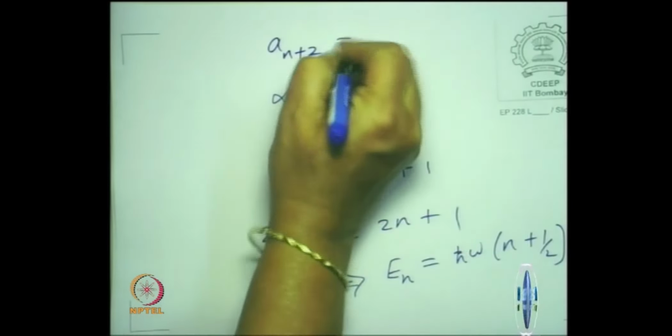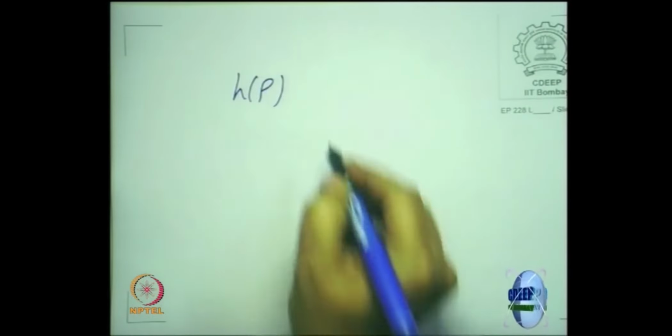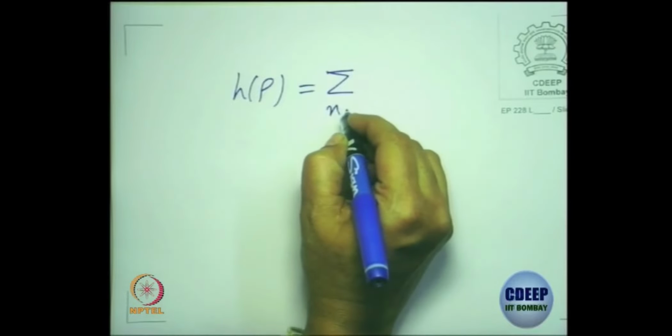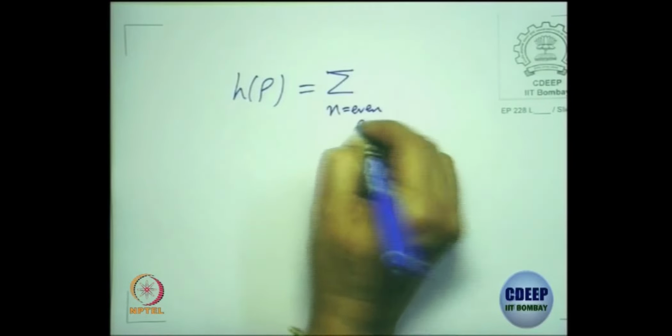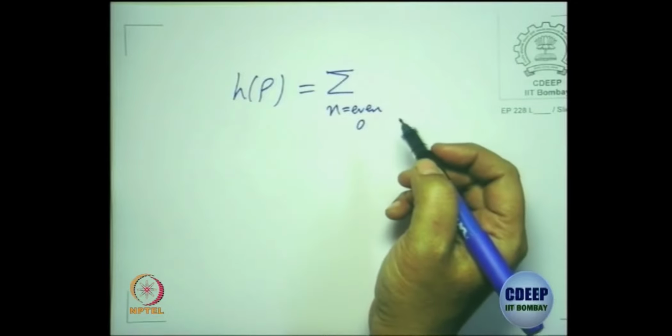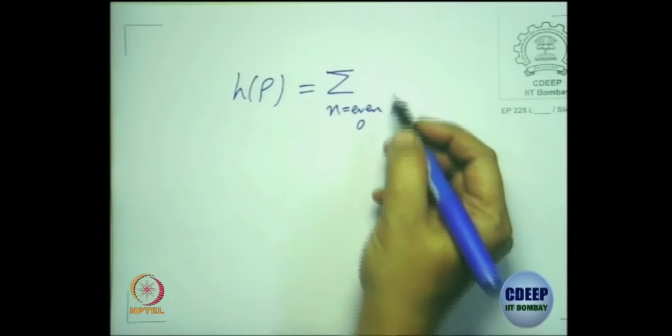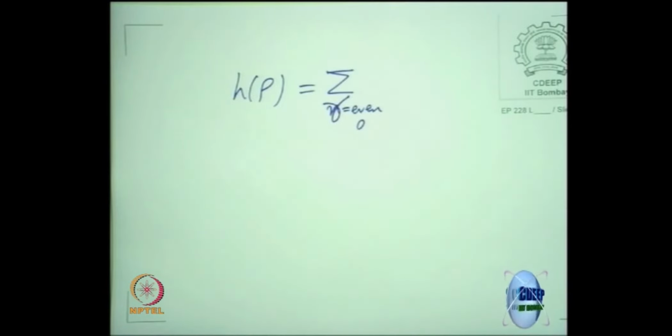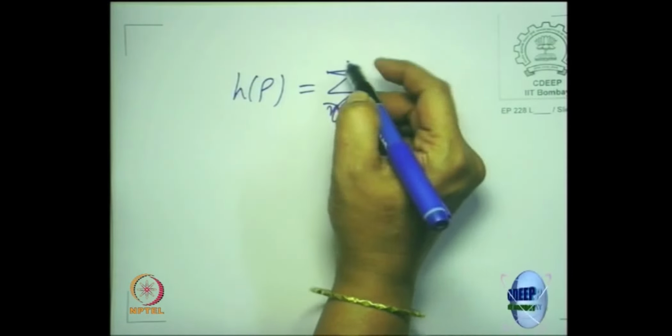Here I started with an plus 2 equal to 0. So what is the solution? The solution is h of rho will be summation over n even from 0 to some specific value, so let me write it as 0 to n.